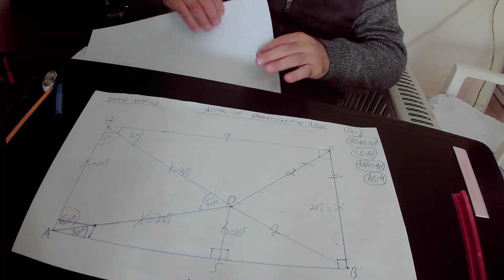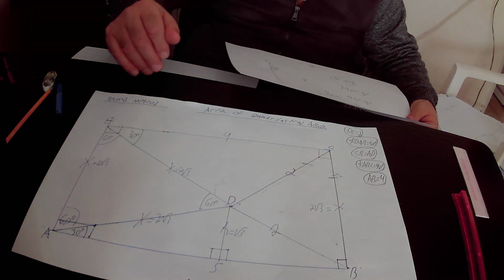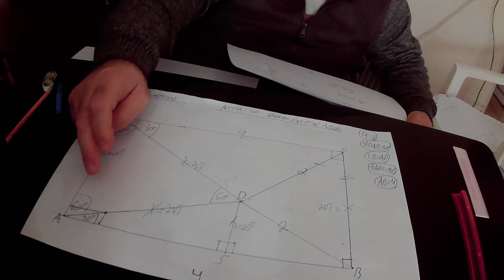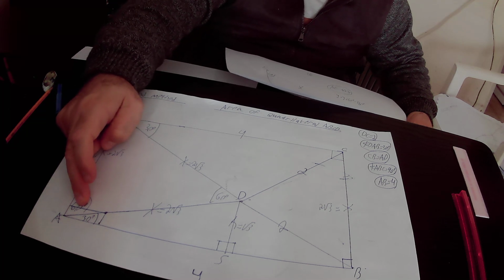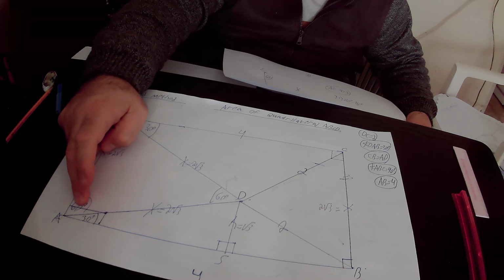And then we know that this angle is a right angle, this angle equals 40 degrees, so 90 degrees minus 40 degrees is the value of this angle.